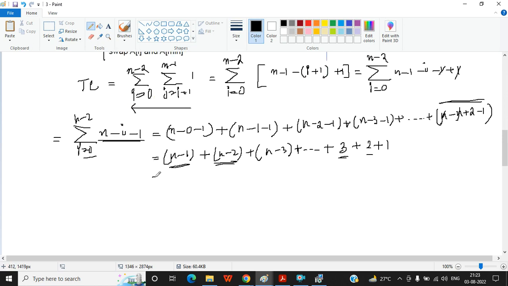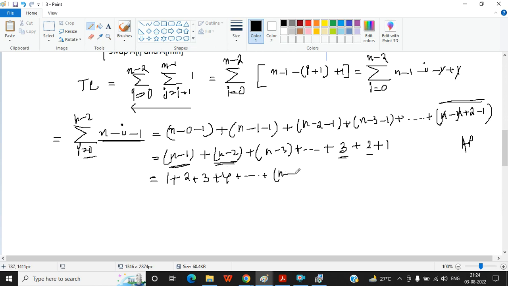In mathematics, you can say this is an arithmetic progression. You have probably heard of AP series, GP series. Arithmetic progression, AP. If you reverse it, it will look like 1 plus 2 plus 3 plus 4, and it goes on up to n minus 1.